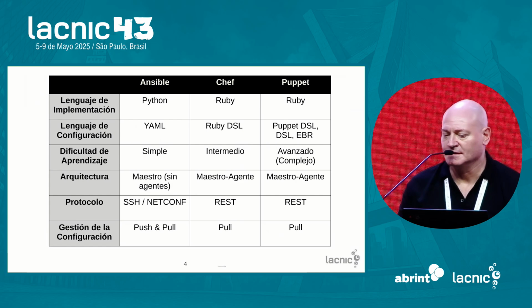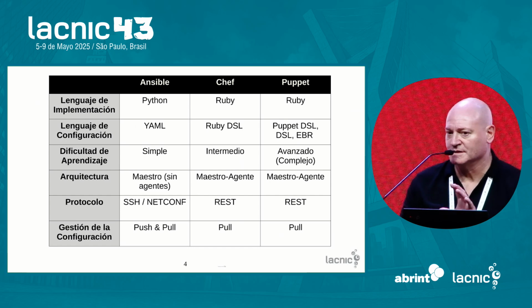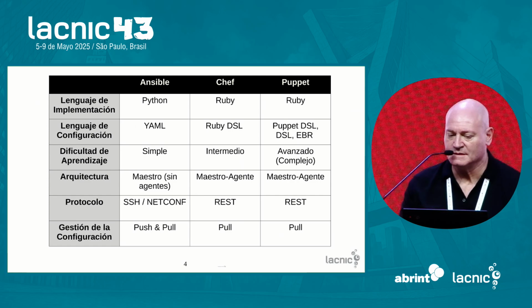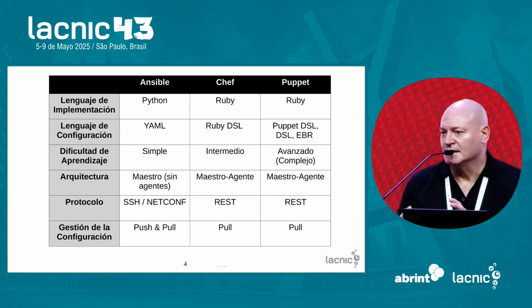Here we have a small table comparing Ansible against Chef and Puppet. Remember that the presentation will be available on the website where you have the lab. You can download it in Spanish and Portuguese.